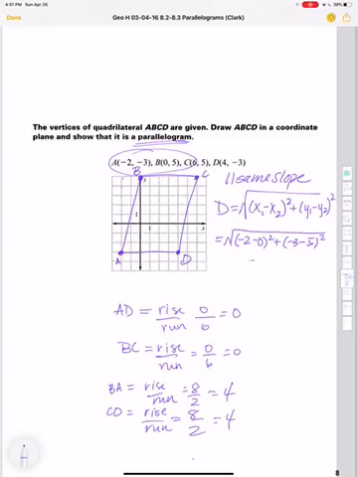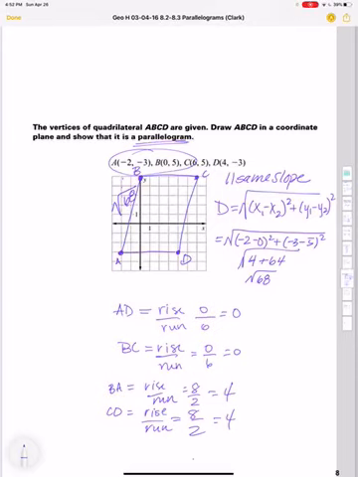So that gives us -2 squared, so that's 4, plus -8 squared, 64. So that's the square root of 68 is this distance.